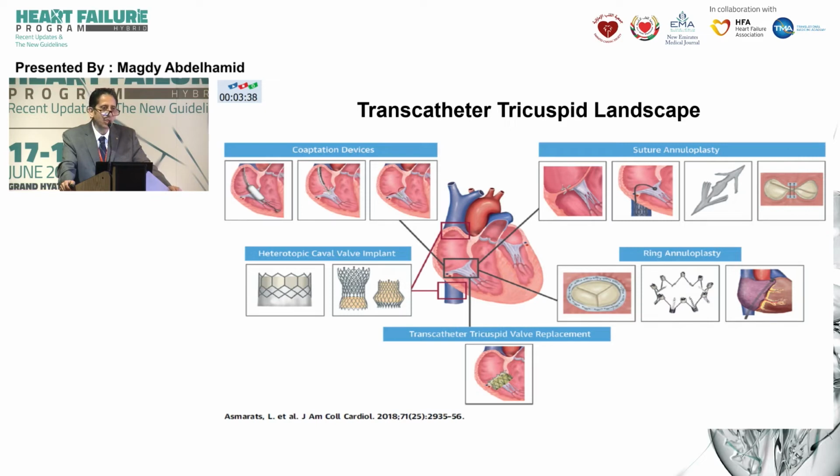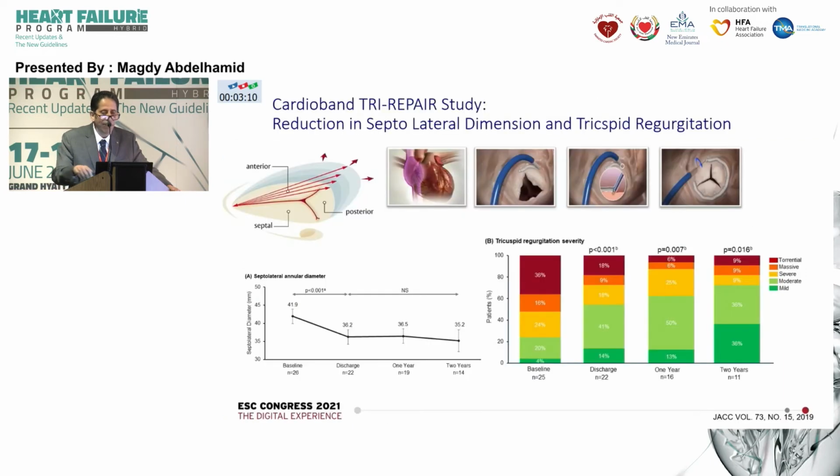When the tricuspid regurgitation progresses due to tethering of the leaflets and widening of the tricuspid annulus, with lack of coaptation, we need the coaptation devices, which can be used to correct type 2 secondary tricuspid regurgitation. With an advanced stage of TR due to RV remodeling, a dilated ventricle, and impaired right ventricular function, we need transcatheter tricuspid valve replacement, which is available now, either orthotopic or heterotopic caval valve implant.